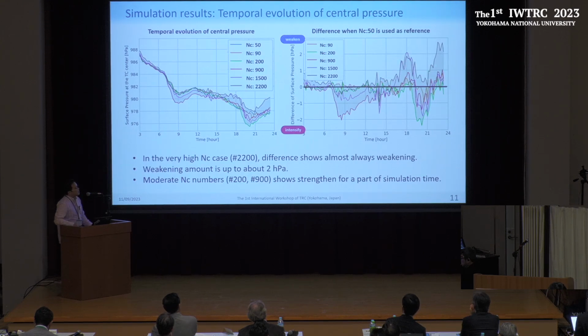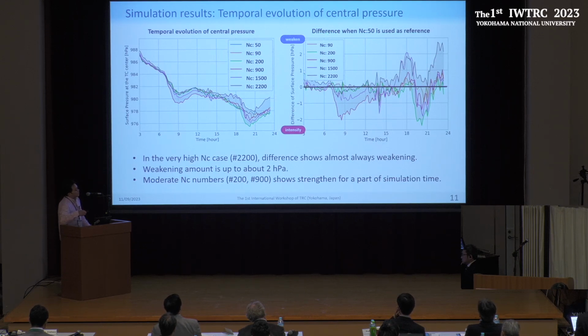This is NC 2200, the most polluted case. It shows almost always weakening, where a positive value means weakening compared to NC50. The weakening amount is up to 2 hectopascals at maximum.